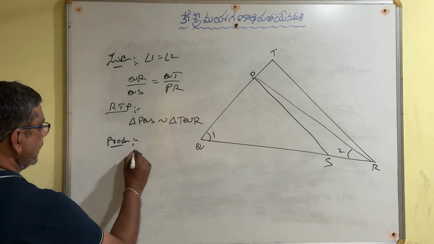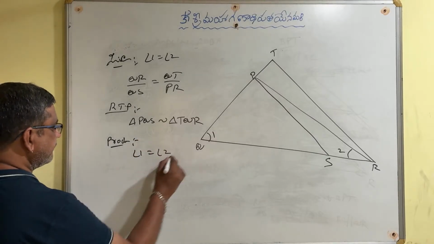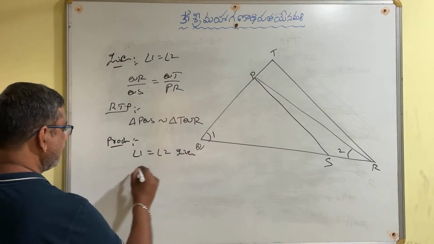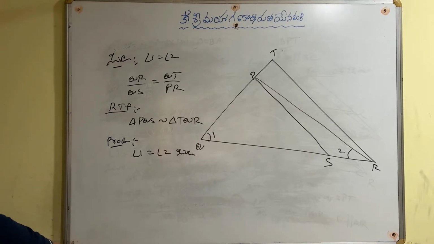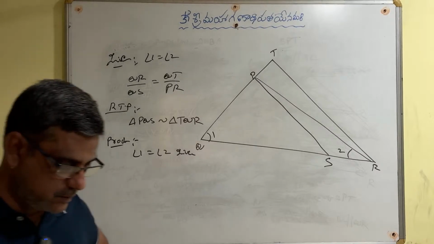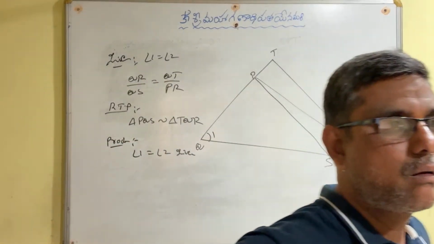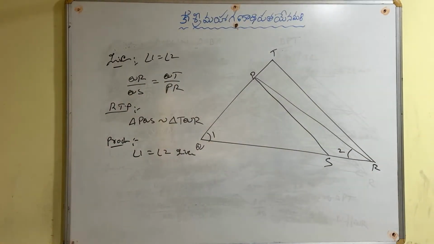Children, angle 1 is equal to angle 2, given. Now kindly see, angle 1 and angle 2 lie in which triangle?